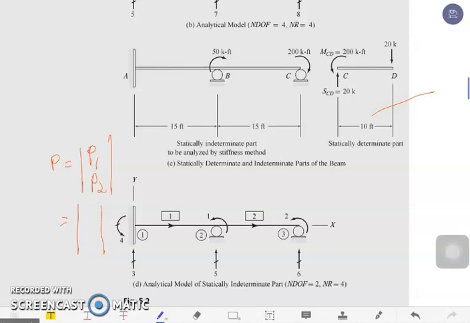We have here 50 kips and we have our 200 kips. They create a clockwise direction, and for clockwise we use a negative sign. So this will be equivalent to negative 50 and negative 200, both in kip-feet. Those are the values for our P sub 1 and P sub 2.